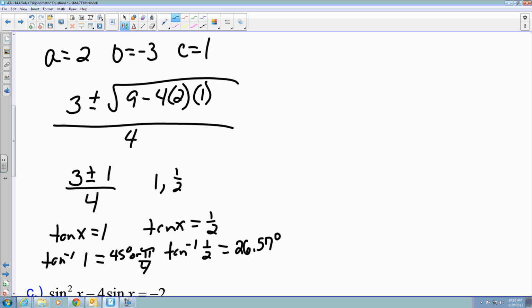And if I were to convert that to radians, I would get something very close to roughly 0.46 radians. So in this case, with using the quadratic formula, my values are going to be pi over 4, comma, 0.46 radians. Okay?